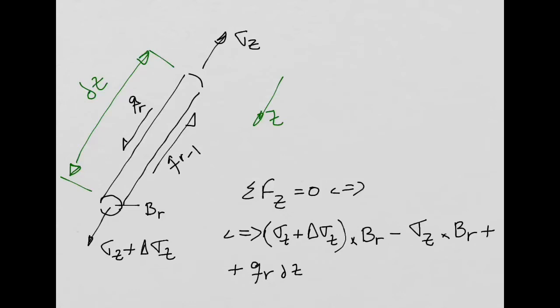And then I will have a force. And now this one. It's going to be opposite to my z-axis, so that's why it's minus QR minus 1, again, times dz. And that's all I have. And this needs to be equal to 0 to be in equilibrium, isn't it?